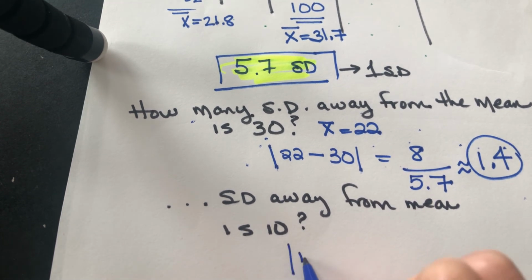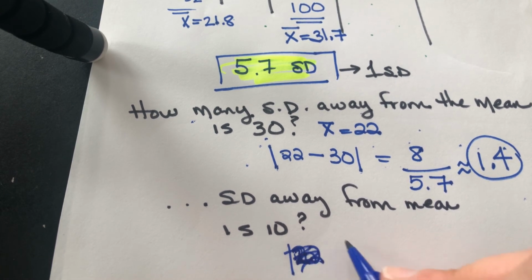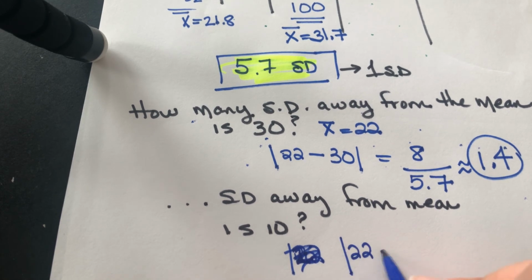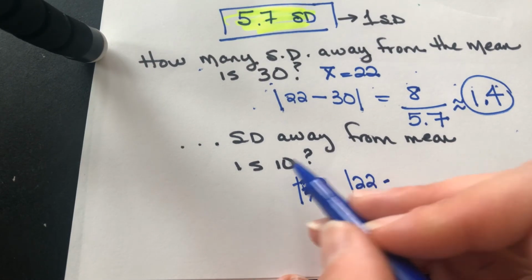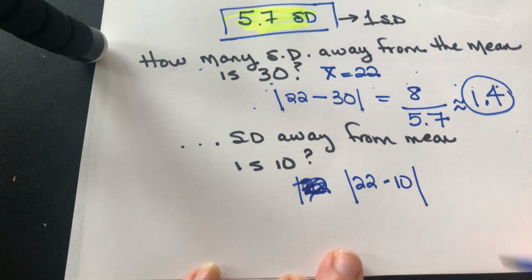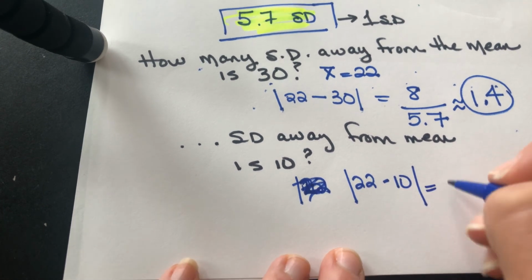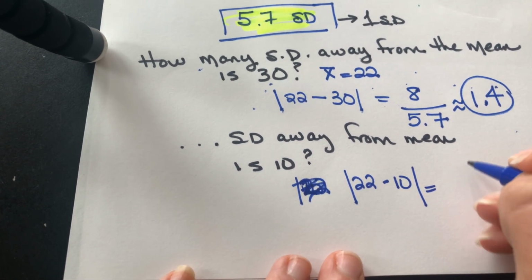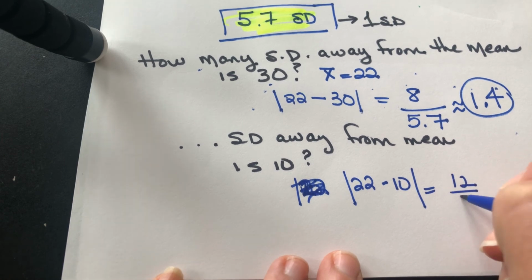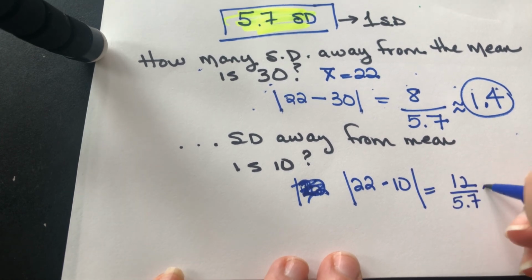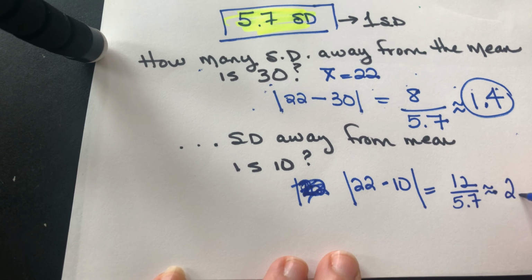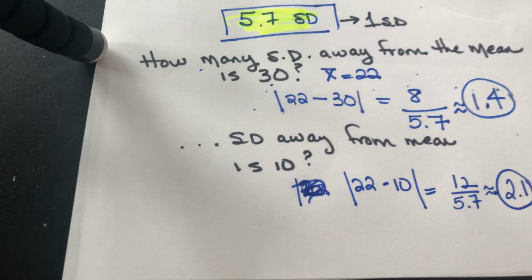I'm going to take the mean, which is 22, and I'm going to subtract the number that they asked. And you guys are going to get 12. And you're going to take that and divide by 5.7 because that's one standard deviation. And you should get about 2.1. Those are the only really questions I care for of that.